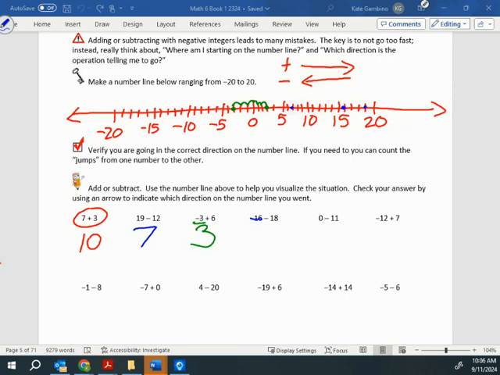How many jumps do I have to do, Emma? 18. So I'm going to jump it. 1, 2, 3, 4, 5, 6, 7, 8, 9, 10, 11, 12, 13, 14, 15, 16, 17, 18. And I ended up right here.